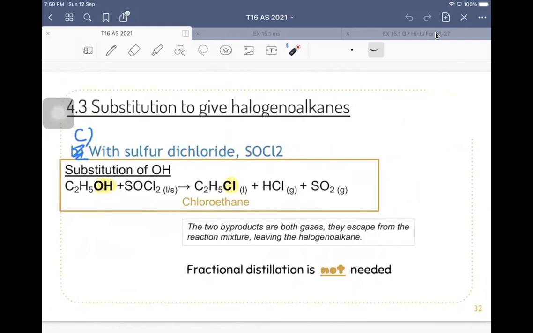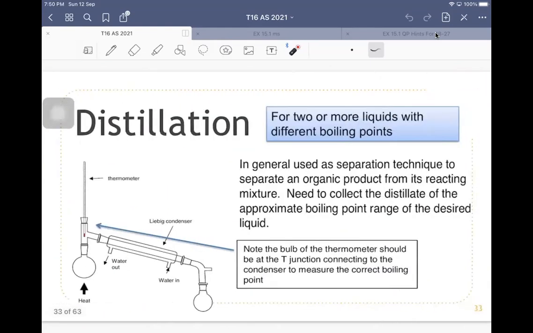There's no catalyst needed for this reaction, and no heat needed. It works fine at room temperature. The products are also easy to separate because two of them are gases. You just let them evaporate and you are left with the liquid product that you are interested in, your halogenoalkane, the desired product of the reaction.